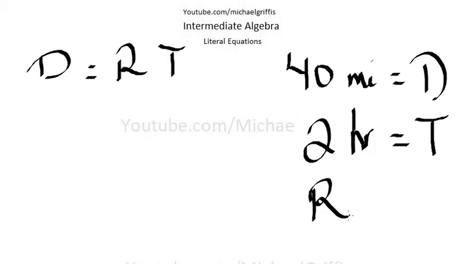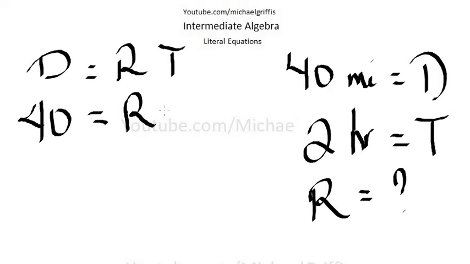What was your average rate? Okay, so R represents rate. What is your average rate? So let's plug it in over here. 40 is equal to R times T, which we need to put 2 here.